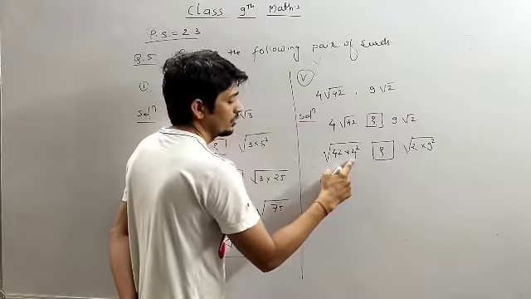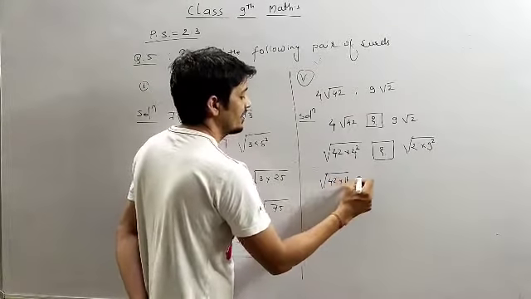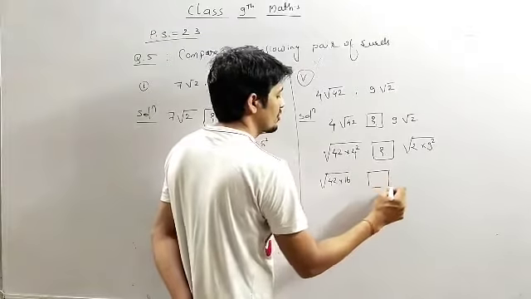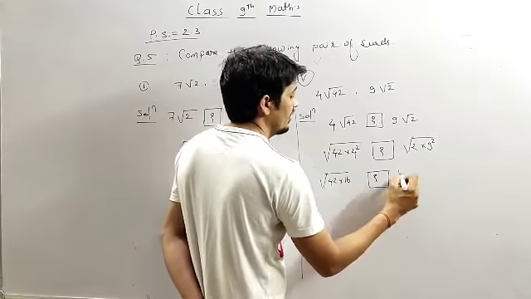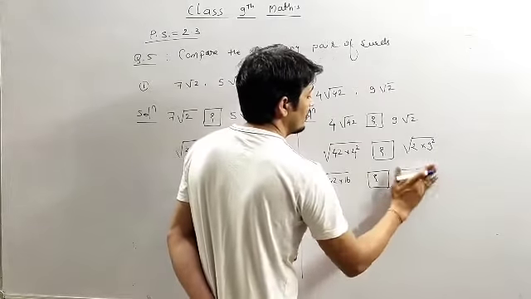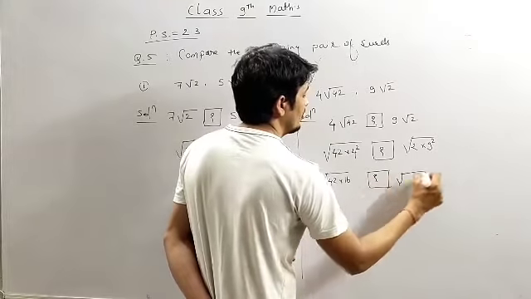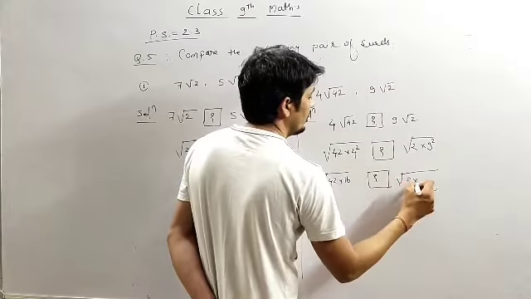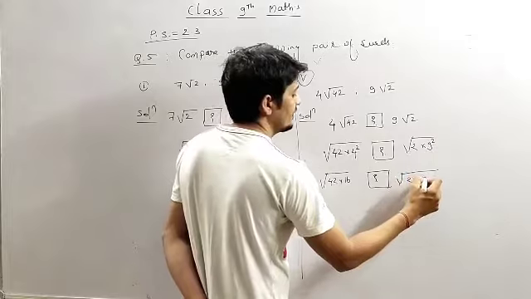42 into square of 4 is 16. Again we have to write a question mark. 2 into square of 9 is 81.